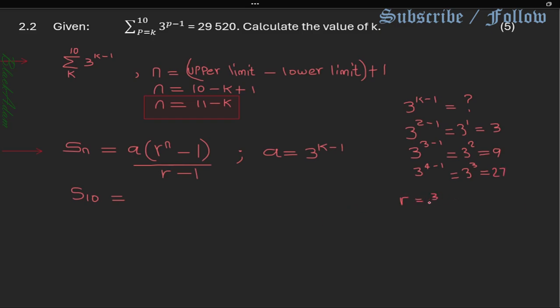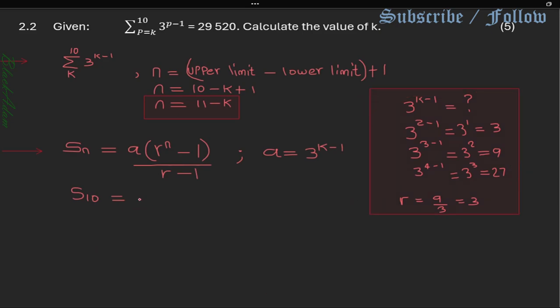So r is 9 over 3, or 27 over 9. So r gives us 3. That's how we find our r.